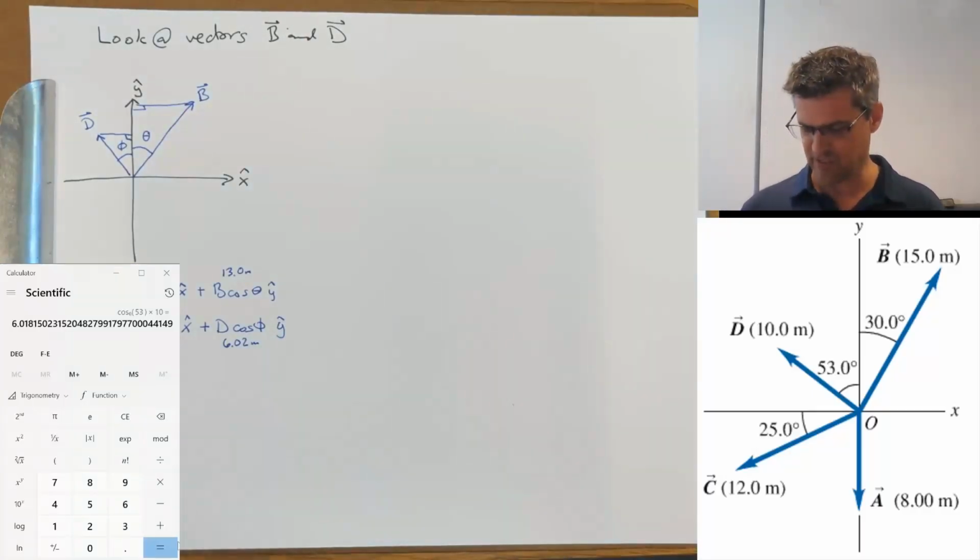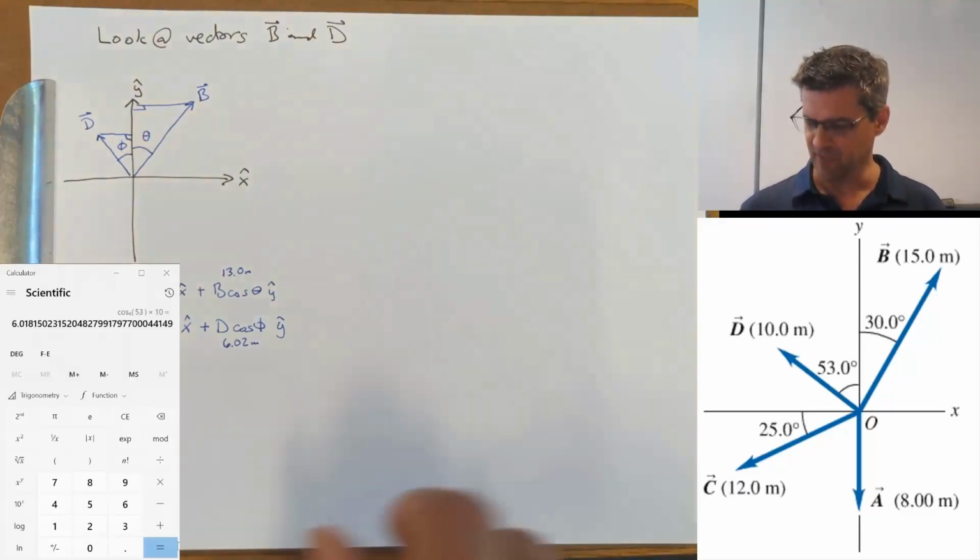So sure, it is going a little bit more left than it is going up, but that's also what it looks like from the picture.